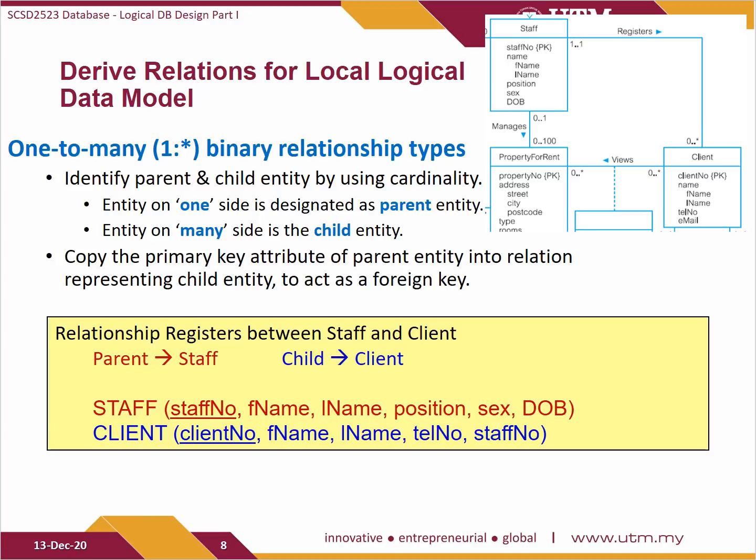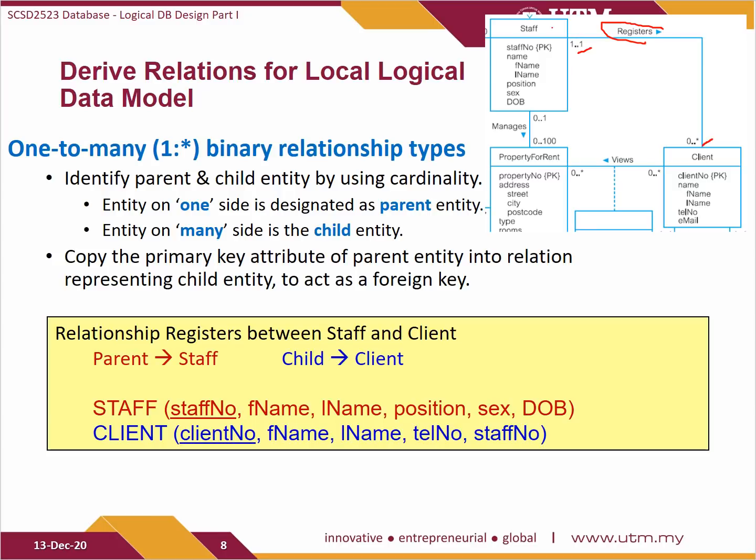Okay. For example, the staff register client relationship here is a one-to-many relationship as a single member of staff can register many clients.